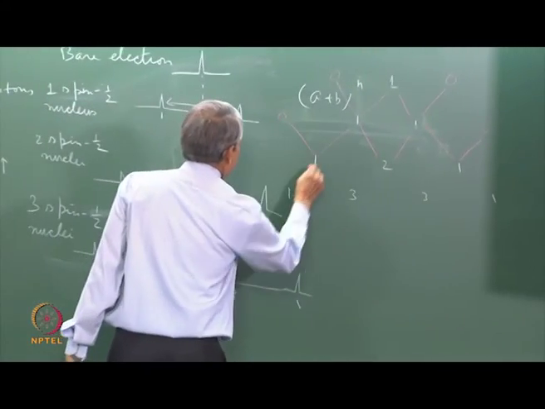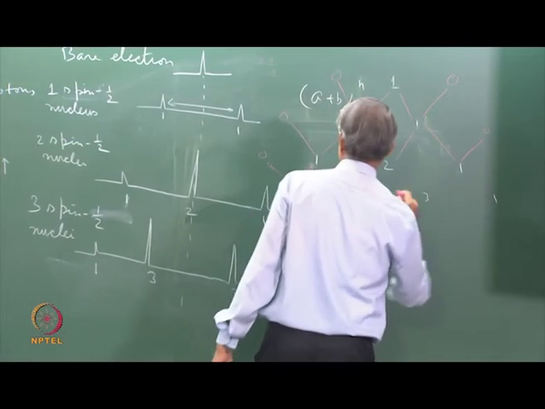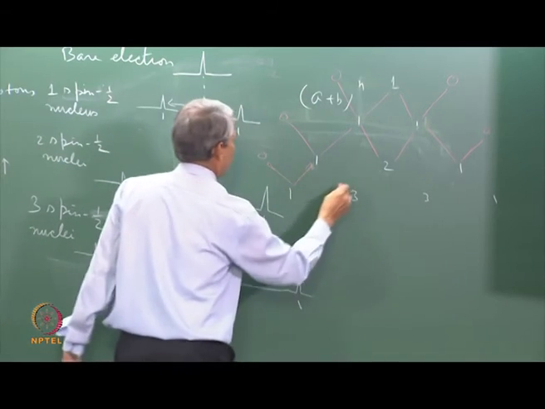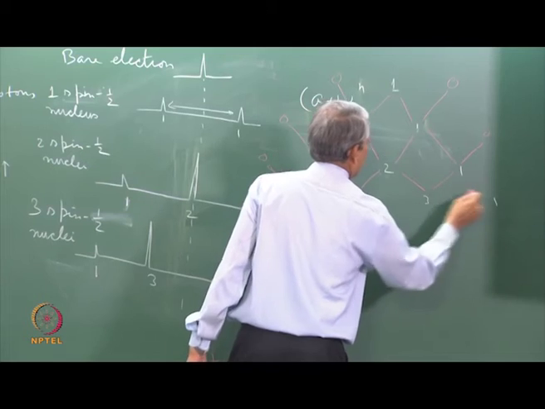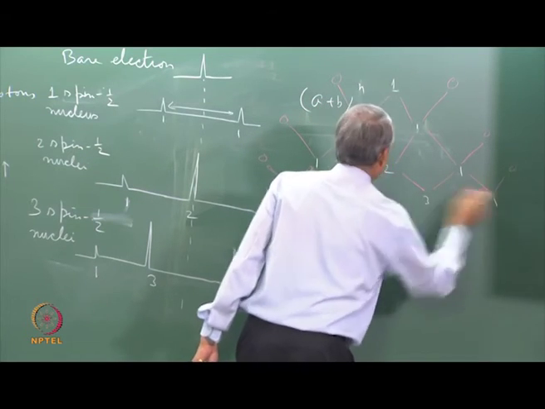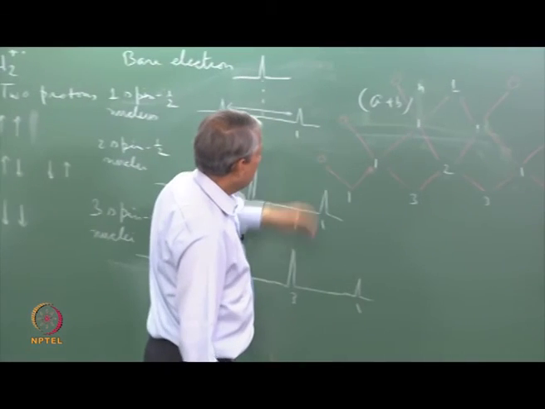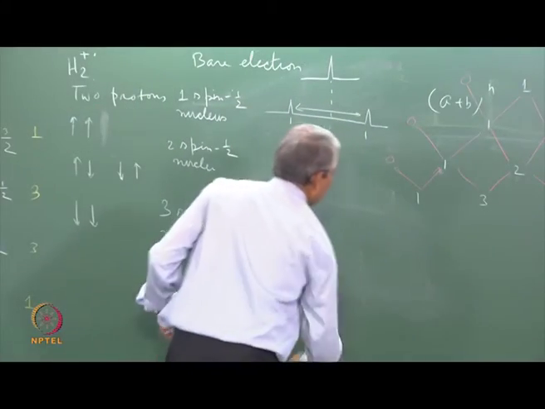Next one, same way, because here this is 0 there, gives 1, and this gives 3, and this gives 1, and this which is 0 gives 1, 3, 3, 1. We can therefore generalize that. So if I have got now 4 spin half nuclei, I can easily predict the spectrum from this Pascal triangle.